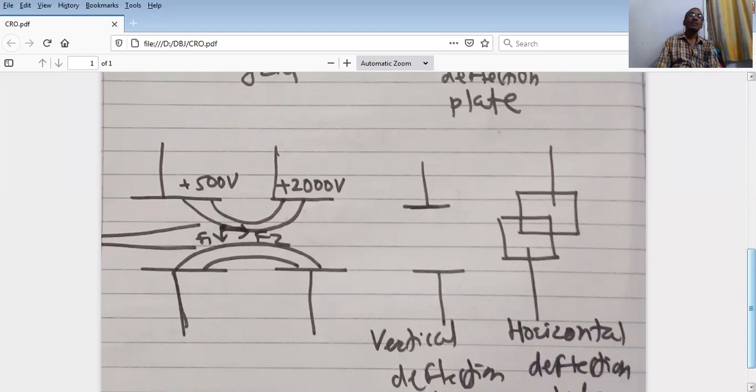When this electron beam comes out from this electrostatic field, then the diverged beam of electron is converted into a converged beam, which will strike at the center of the fluorescent screen.